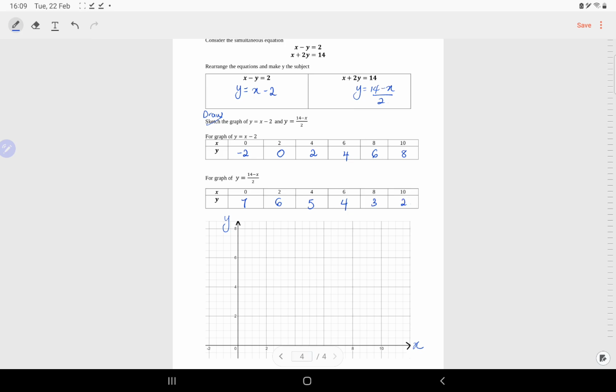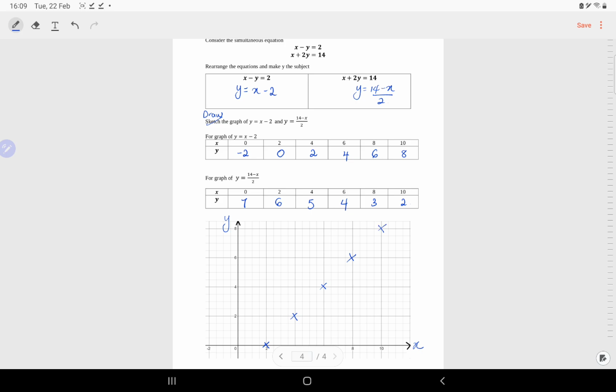So we can plot these points. Let's plot the points for y equals x minus 2. When x is 0, my minus 2 is somewhere down there. But 2, 0 will be here. 4, 2. 6, 4. 8 and 6. And 10 and 8.